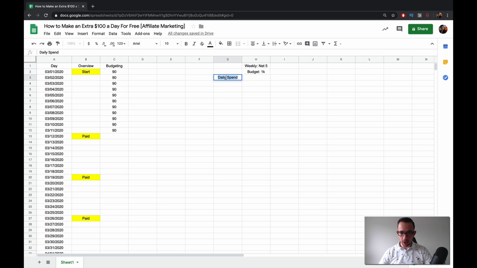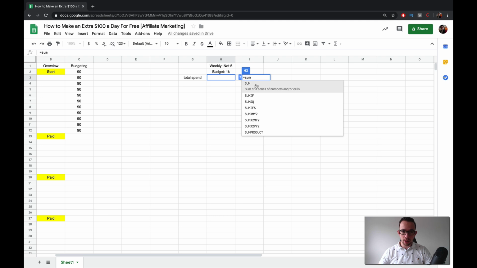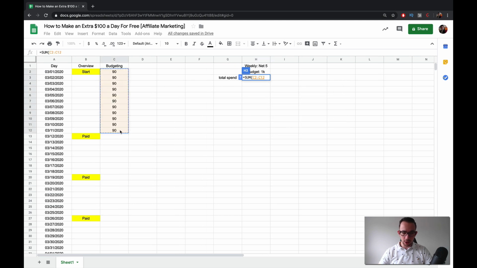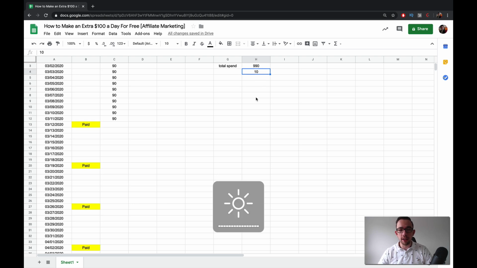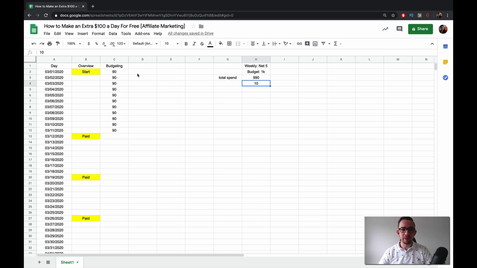So this would be total spend in the first week and a half until we get paid of $990. So we have $10 left of room to bridge this day, right, until this day. So $10. You might have some transaction fees and stuff, so we leave that open, right? So the total spent is $990.